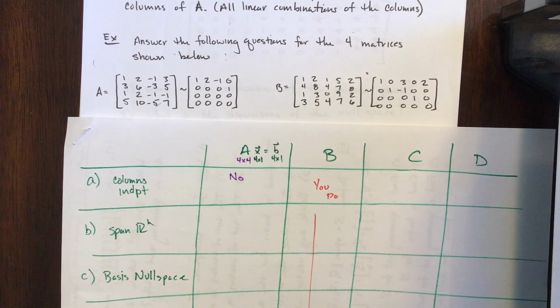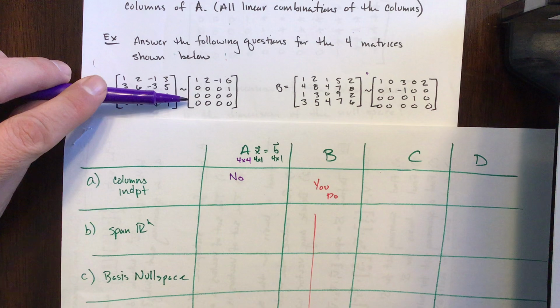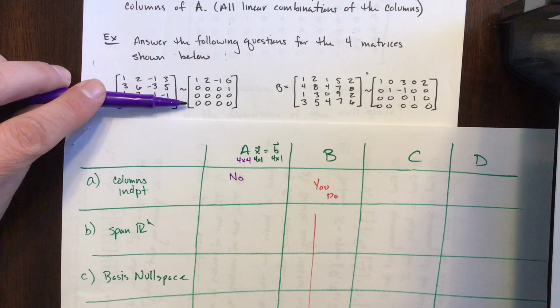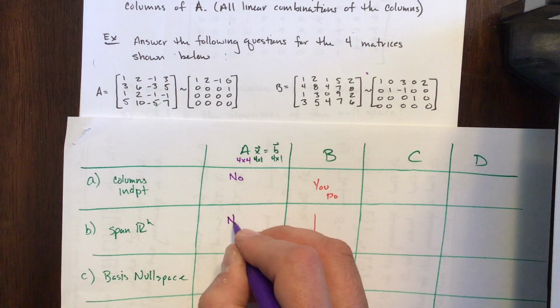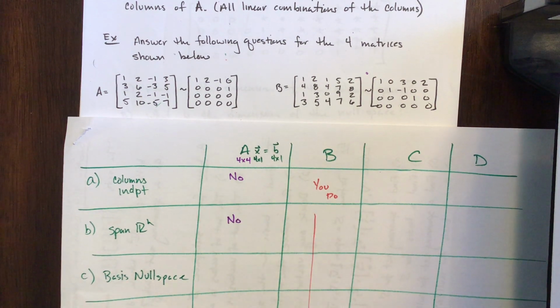So what is our n? n is 4. So does matrix A span R4? And the answer is no. It doesn't span R4 because not every row has a pivot. You see rows 3 and 4 don't have pivots, so therefore it's not spanning R4.